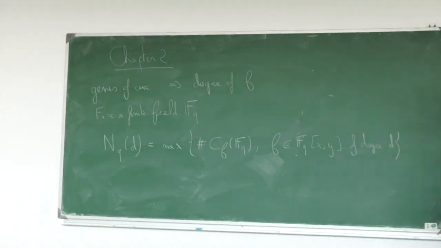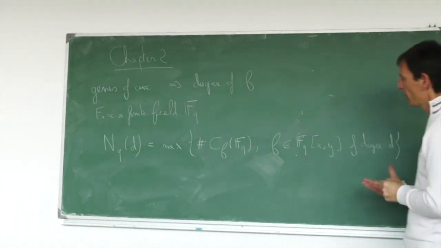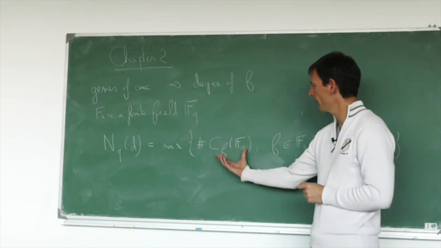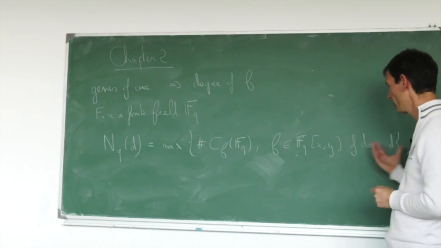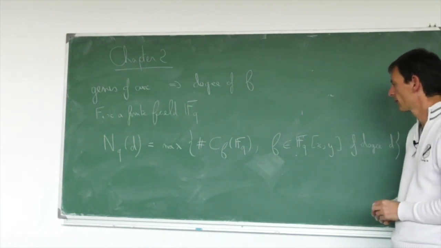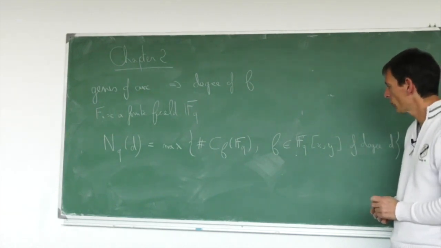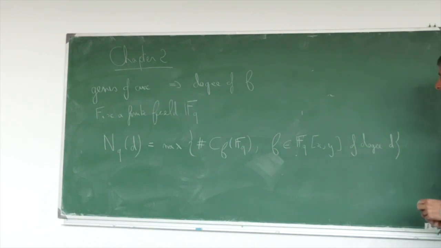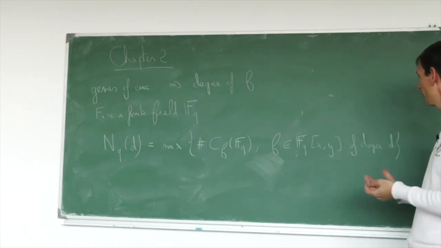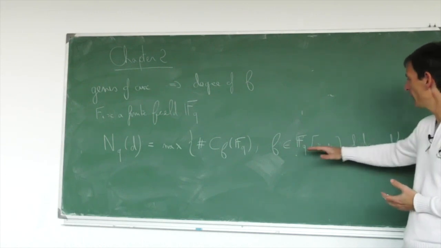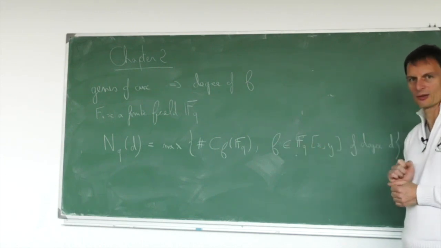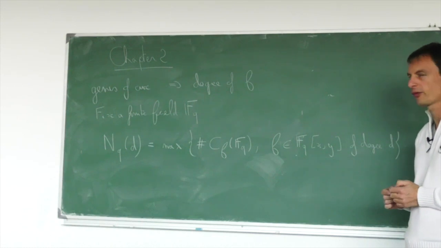So this is going to be the cardinality of this set when I run f over all polynomials of degree d. First, I think it's a good analog, for people who know a bit more, because now if I restrict to degree d over F_q, the set of possibilities for f is finite.